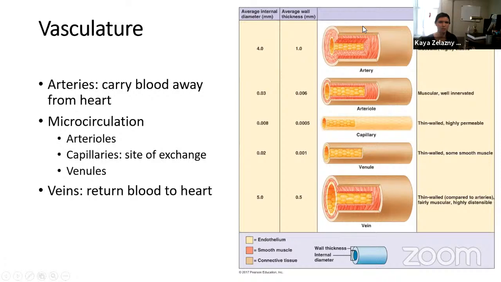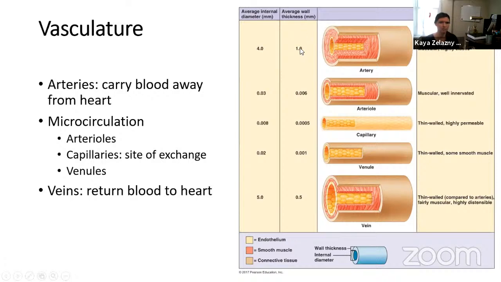What you can also see in this chart is the average internal diameter. That is how big what we call the lumen of the vessel is. The lumen of something is the empty space inside, the part where the blood would go. And we have the average wall thickness.